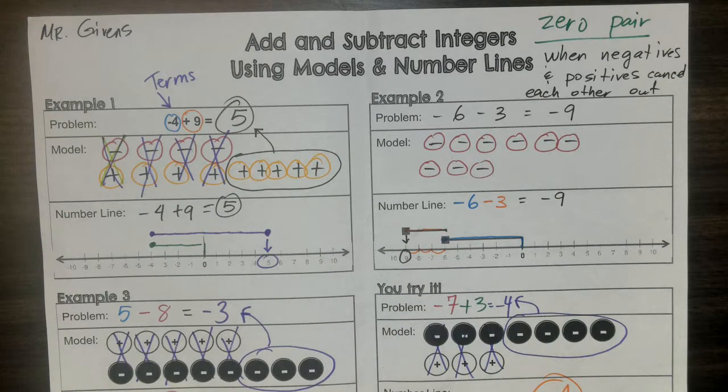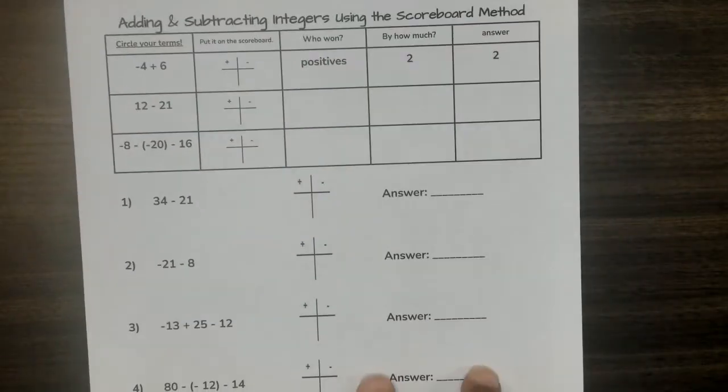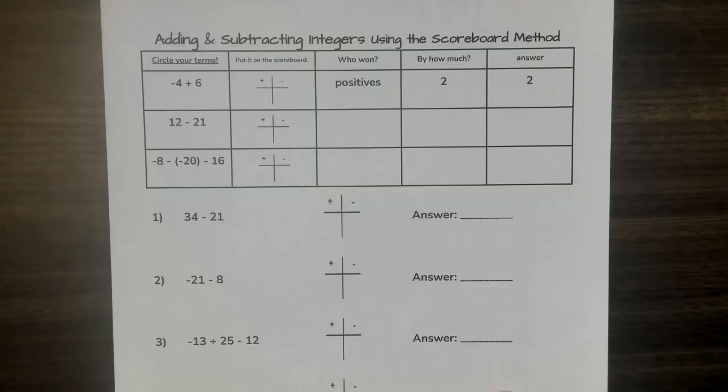So check out my previous video on this particular method if you prefer. This is more of an introductory strategy to use, and the scoreboard is another strategy that we can use. So here we go. Let's get right into our topic for today.